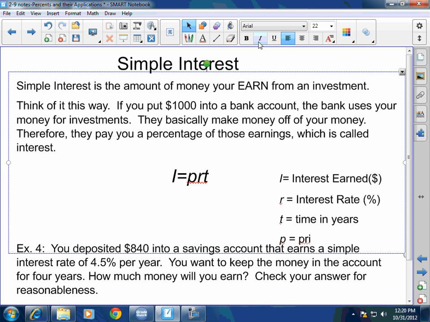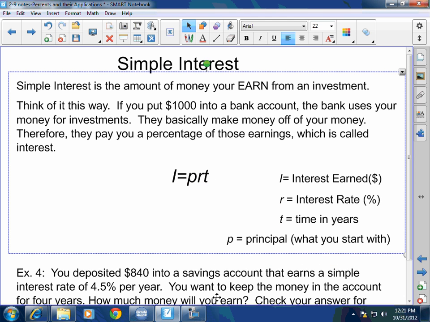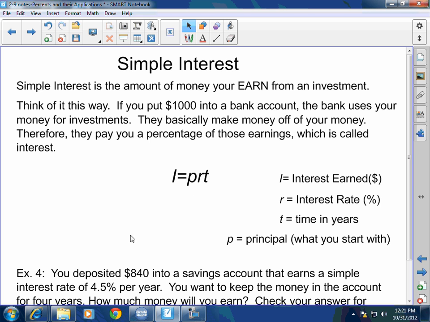Principal is basically what you start with, what you invested, the amount that you put into the bank or the investment. P is principal, what you started with. It's literally that easy.